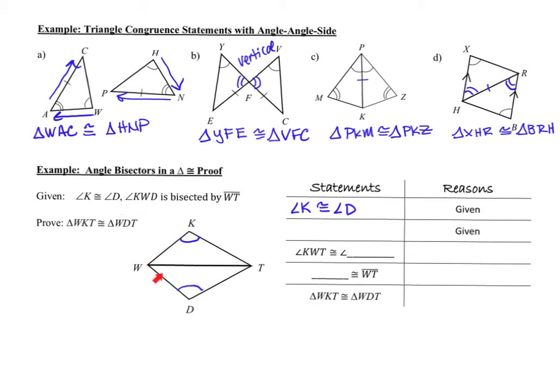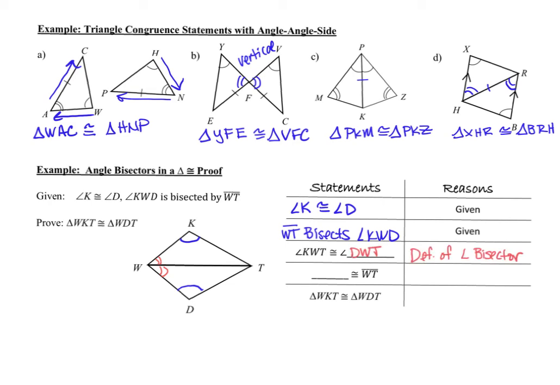So KWD is this larger angle here, is bisected by segment WT. So when we have a segment that's bisecting the angle, that means that this segment is cutting this angle exactly in half. So that means that this angle, which is KWT, is going to be congruent to the other angle, which is going to be DWT.